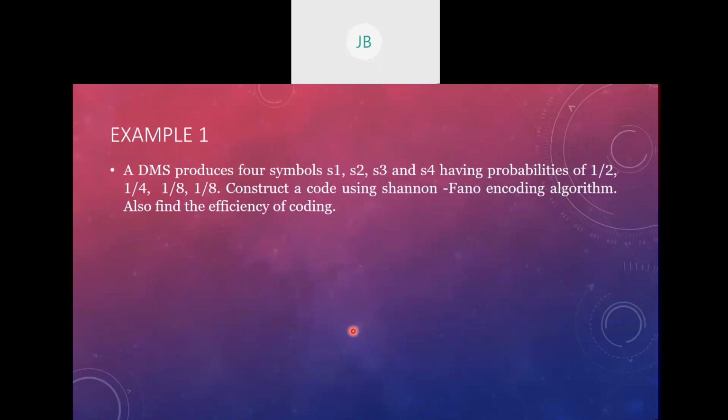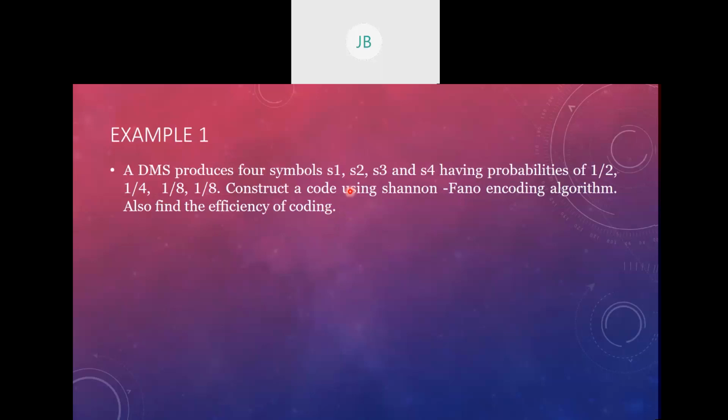In this example, it says a DMS, that is a discrete memoryless source, produces 4 symbols 1, 2, 3, and 4. And they have probabilities of 1/2, 1/4, 1/8, and 1/8 respectively. In that context, construct a code using the Shannon-Fano encoding algorithm and also find the efficiency of coding.